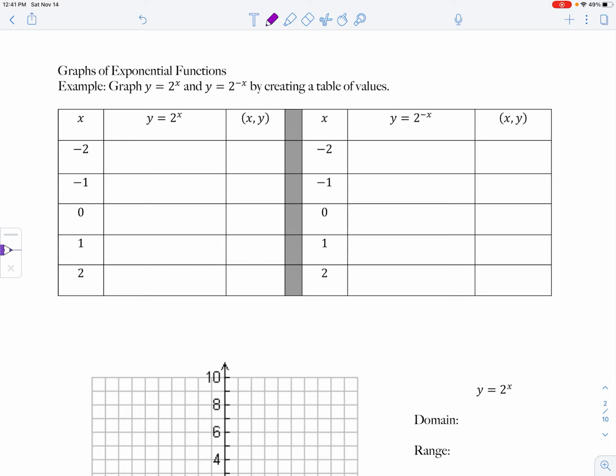If we graph y equals 2 to the x by plugging in these values for x, we're just making a table of values. I would have y equals 2 to the -2nd power. Remember exponent rules, that would be 1 over 2 to the 2nd power, so 1/4. If we plug in -1, that's going to be 1/2. When we plug in 0, that simplifies to 1.